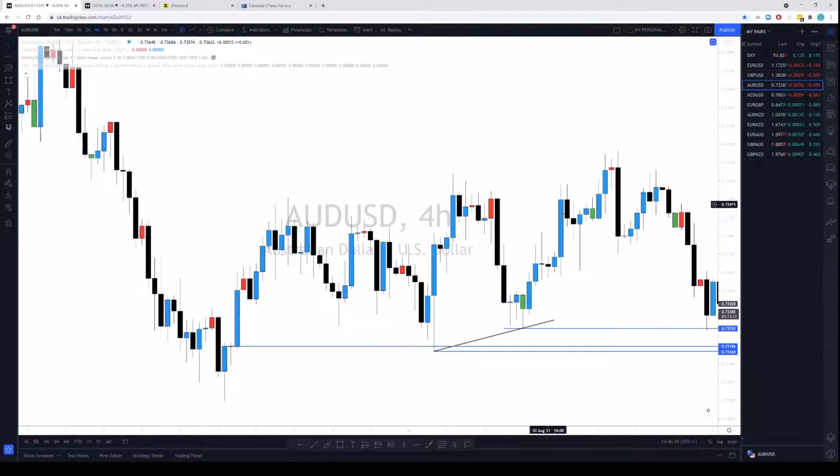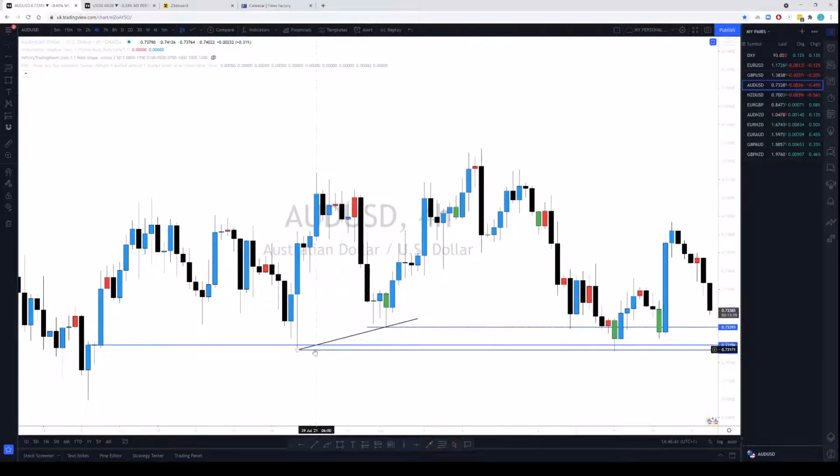Okay, the same thing applies to the upside. So if you're able to identify a run on stop, and then price goes down, this becomes a strong high that we don't want to see price go above.